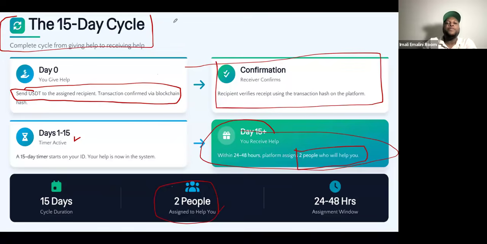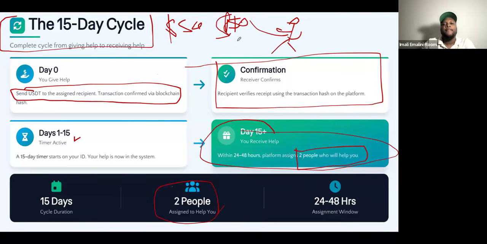If you came on board with $50, there will be 2 individuals that will PH to you. This one will pay you $50, and this one will pay you also $50. And you have doubled your funds.